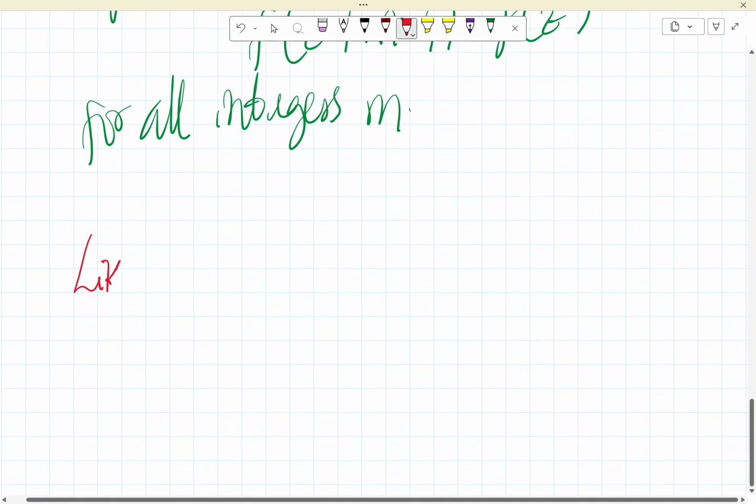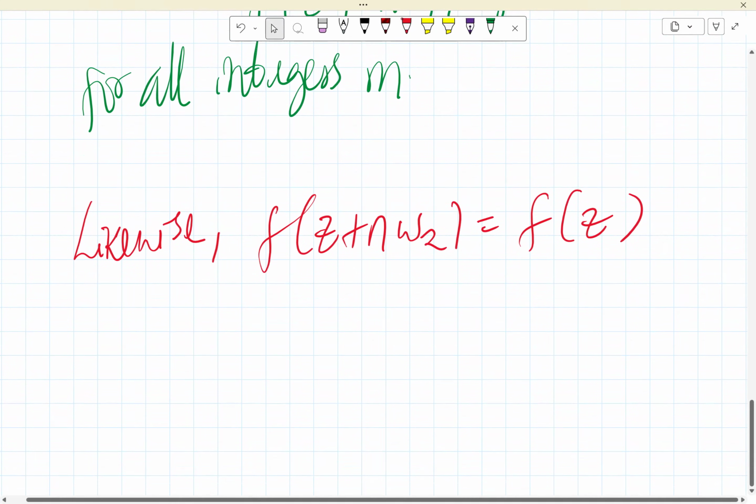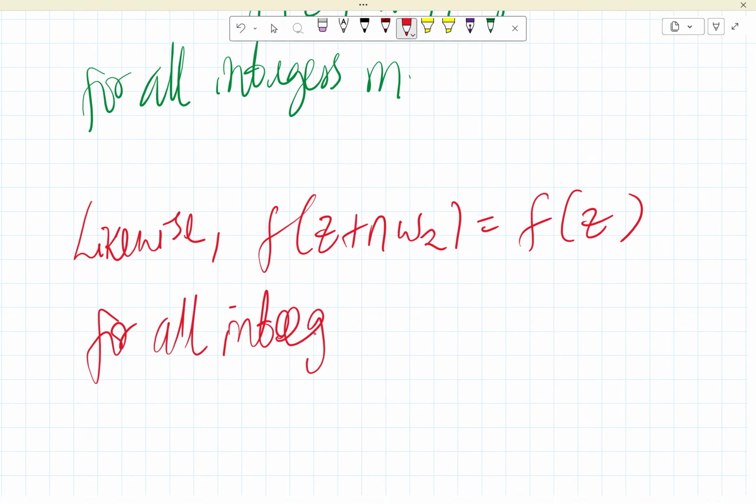Likewise, f of z plus n omega 2 is equal to f of z for all integers n.